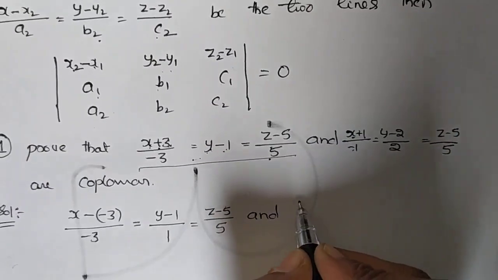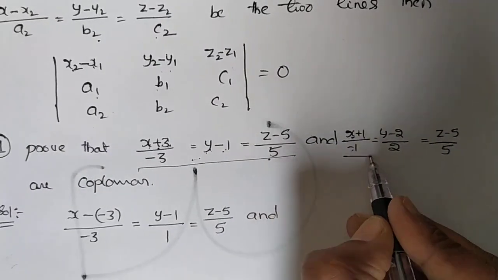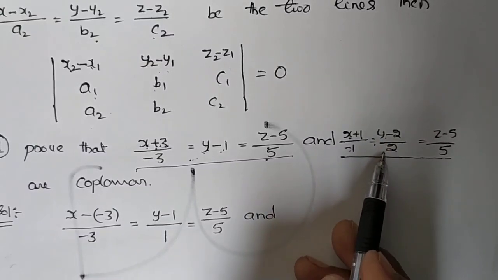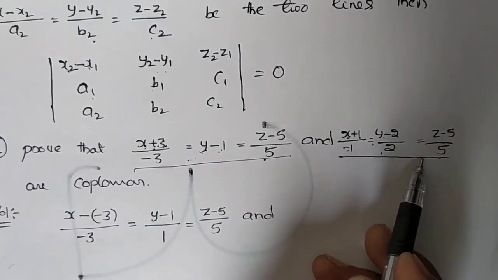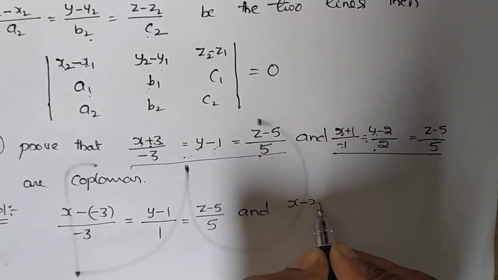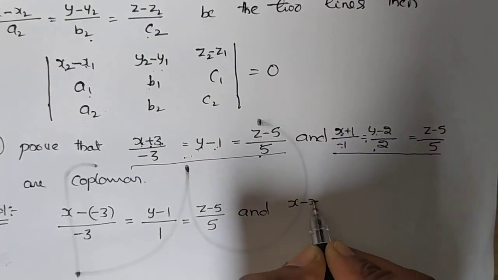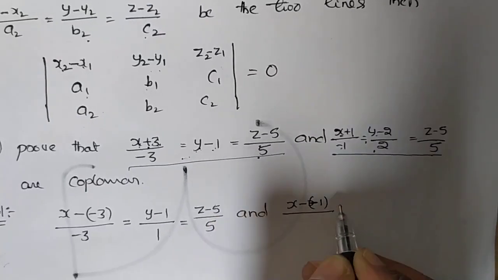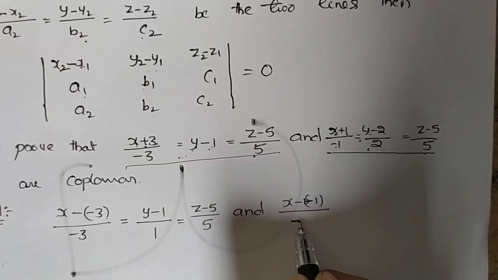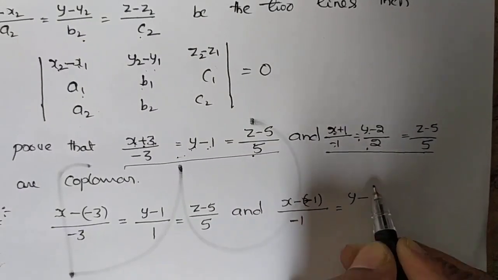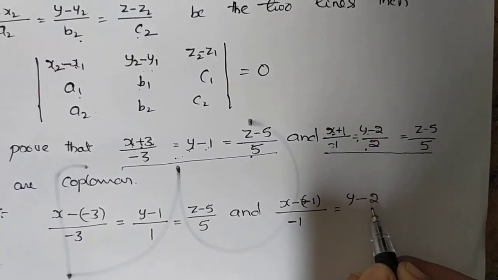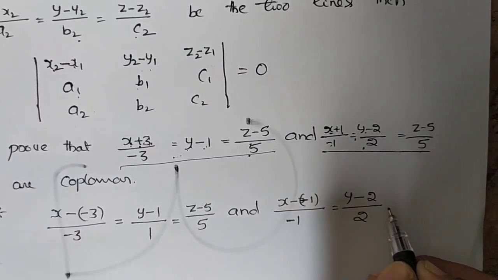One more line is given, x plus 1. We have to represent this line in the form (x minus x2) by a2 equals (y minus y2) by b2 equals (z minus z2) by c2. Let us represent it as x minus of minus 1, divided by minus 1, equals y minus 2 by plus 2.